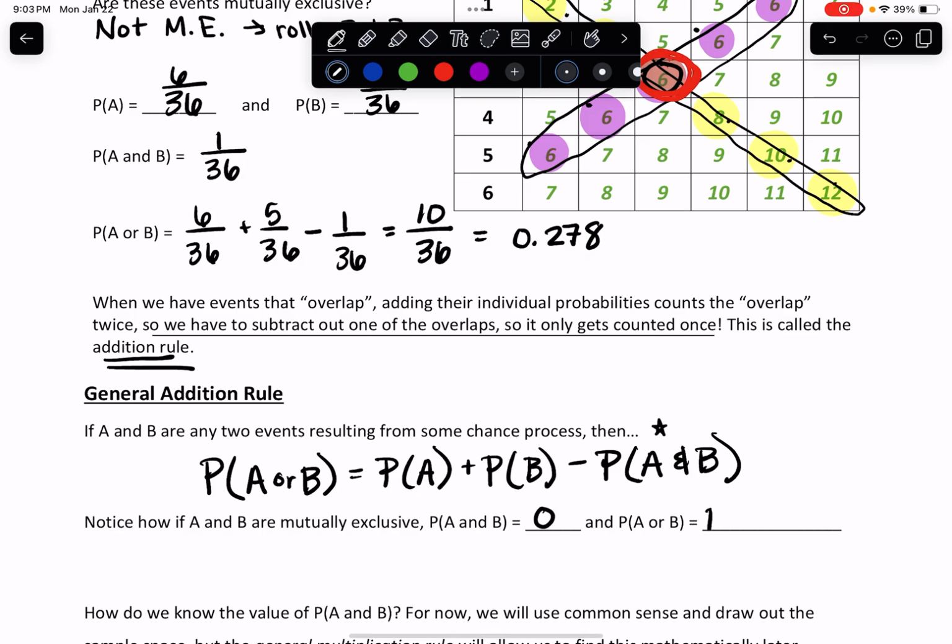So it's really the probability of A plus the probability of B minus 0. And since subtracting 0 doesn't do anything, we have that little rule exception for mutually exclusive, but it still follows this general addition rule. You can go through the process of subtracting 0 if you want to, but we are mathematicians. We know better than that. We don't need to subtract 0 if they're mutually exclusive.